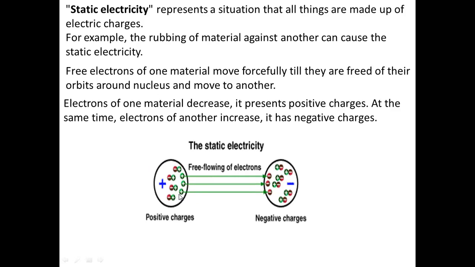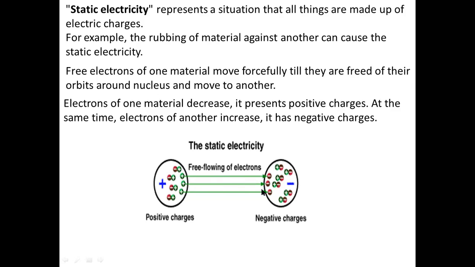It gives a vibrational force, and these electrons start moving around, start vibrating, and go off from the orbit and start moving. Here are the negative electron and the positive proton. The negative electron will start moving when we give an external force. Then it goes off from the orbit to another atom.